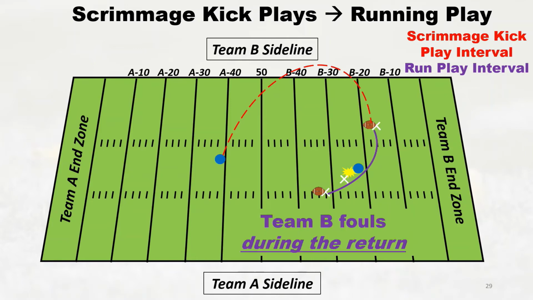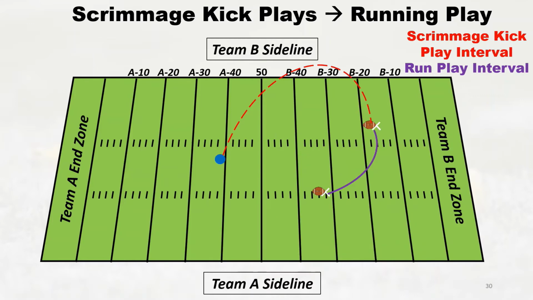So Team B fouls during the return, and we know our reference point, or our basic spot, with a run that has no neutral zone, so a kick return has no neutral zone, our reference point is the end of the run. And we're going to compare that spot to the spot of the foul, and this is a foul by the team in possession. So we're going to, once again, enforce this at the spot of the foul, the 25-yard line, and we can go the full 10 here because it's not more than half the distance.